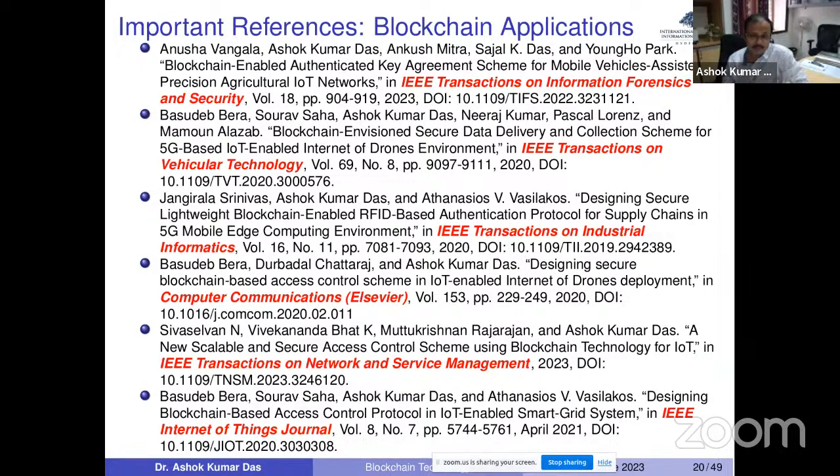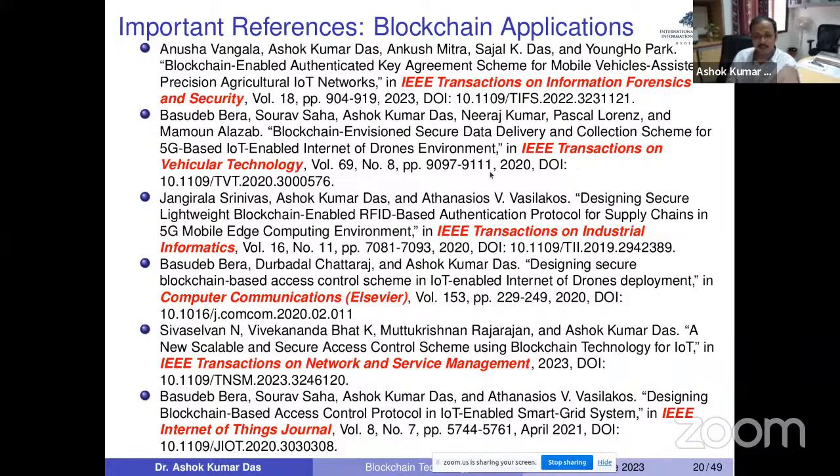We also applied blockchain in a secure data delivery and collection scheme for 5G based IoT enabled Internet of Things environments, which was published in IEEE Transactions on Vehicular Technology.